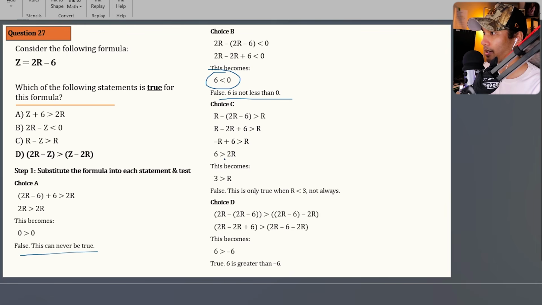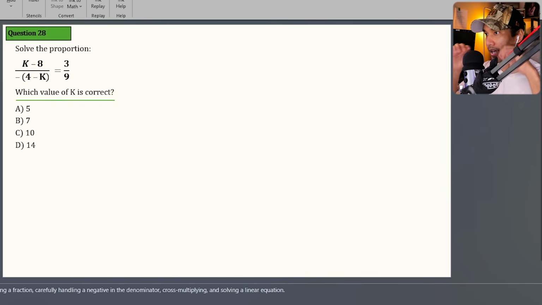That is false. And then this one, we have 3 is greater than R. False. This only can be true when R is, like I said, less than 3. Anything greater than 3, then it's not true. And this is the only one that becomes true when 6 is greater than negative 6. That is always true.